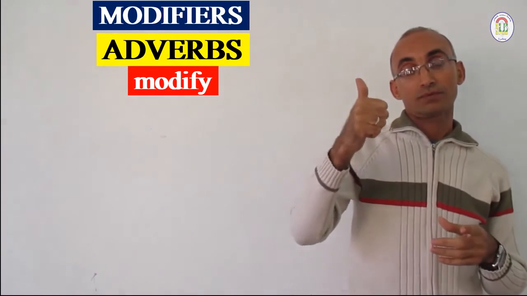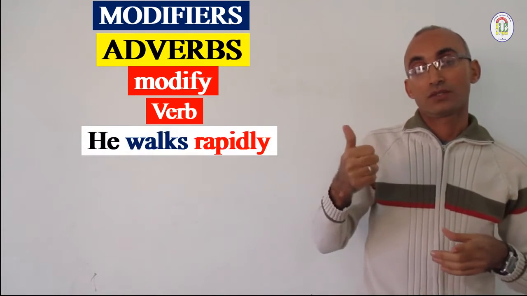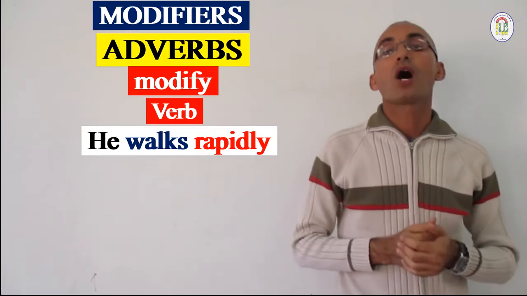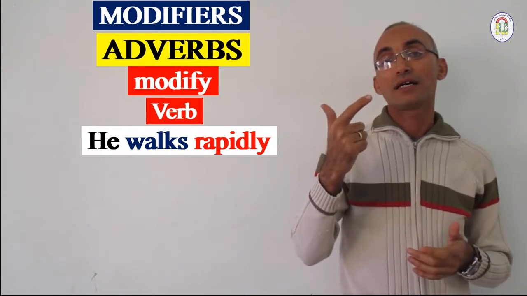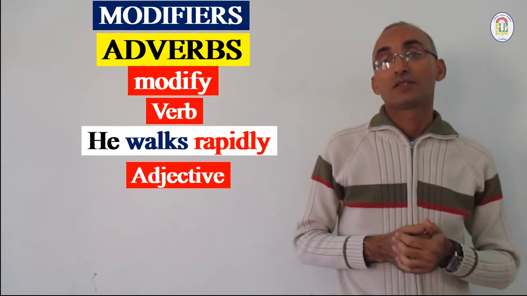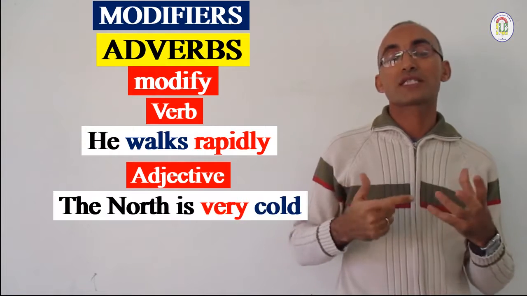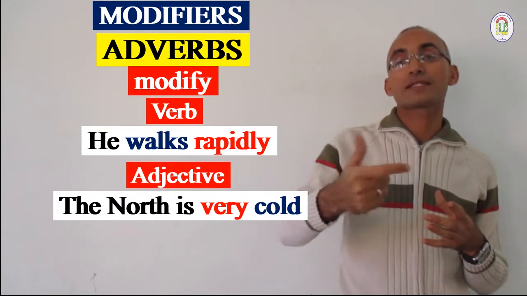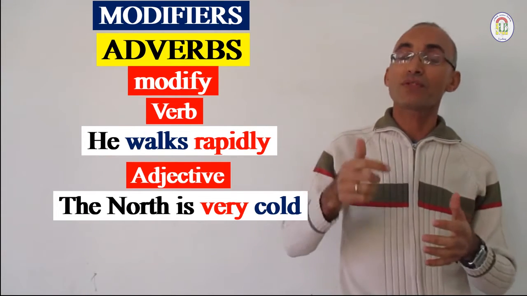Whereas when it comes to adverbs, they modify either a verb, like when, for example, we say he walks rapidly, rapidly modifies walks, or they can modify an adjective. For example, we say the north is very cold. Very here is an adverb that modifies cold. And it can also modify another adverb.